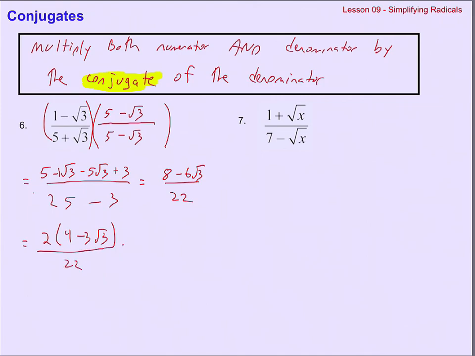And then the 2 over 22 can be reduced. Make sure you're careful. You can't just reduce 8 over 22 to 4 over 11 because the 8 is stuck in the numerator. Unless we factor out the 2, then I can reduce the 2 over 22 as 1 over 11. We will talk much more about that aspect later in the year. It's not that important right now. So if you would have left your answer like this without canceling out at this point in the year, that's okay. Soon we'll learn how to do more with it.